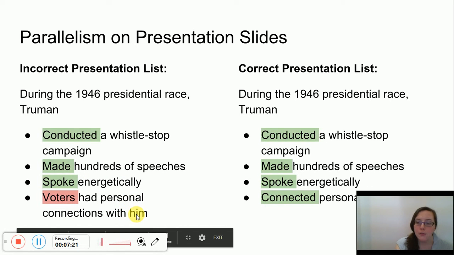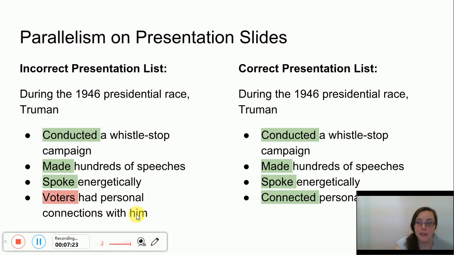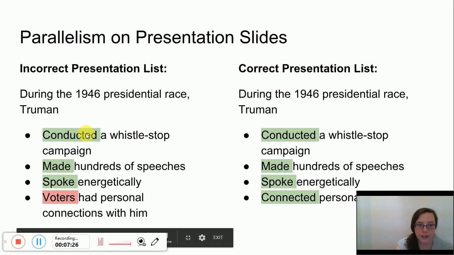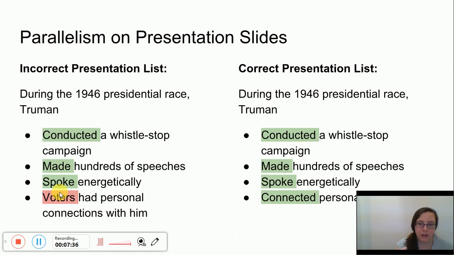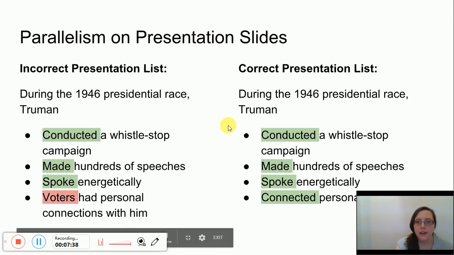So the problem with this, or the thing that trips up our reader, is again that pattern recognition. Our brain is saying past tense verb, past tense verb, past tense verb, noun. That doesn't follow the pattern. Our brain says, hey, there's something weird here. So we can easily correct that just by making sure that we have that same verb tense throughout our presentation list.